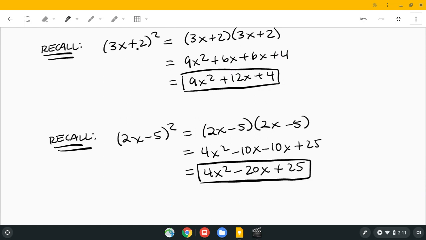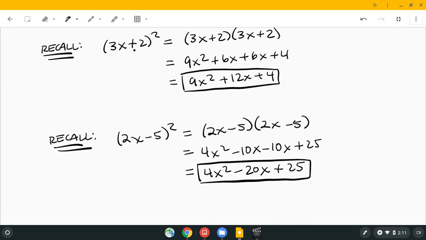Okay, and then in relation to this, we see 3x times 3x, that's 9x squared. 2 times 2 is 4. So same thing here. 2x times 2x is 4x squared. 5 times 5 is 25. Okay, so we notice here that in our final answer, the terms on the ends are perfect squares.